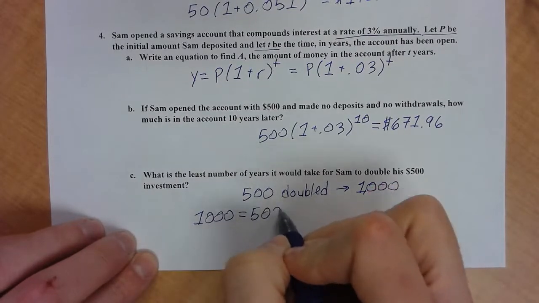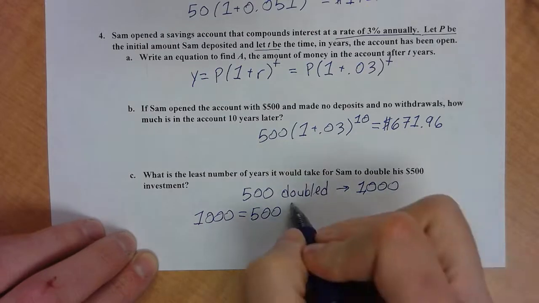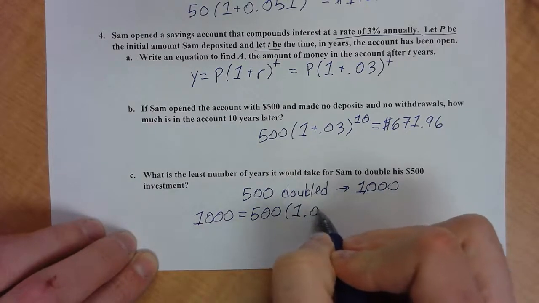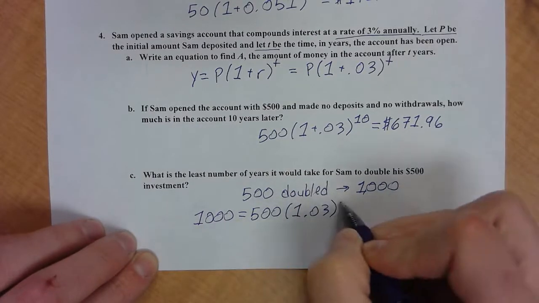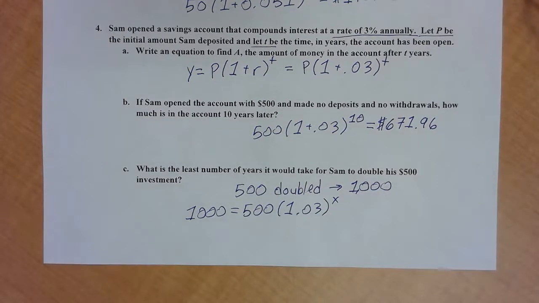So we would have 500 times 1.03 from above to the x. And we got to figure out what x value is going to make that happen. And for this, you're really just going to do some guess and check. We're going to learn how to solve this more specifically later on. We need to use logarithms, which we'll learn about later this chapter, to actually solve for a precise amount.